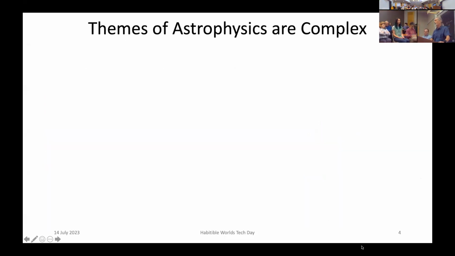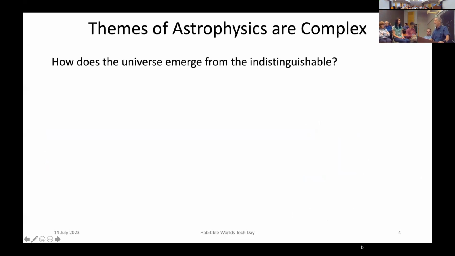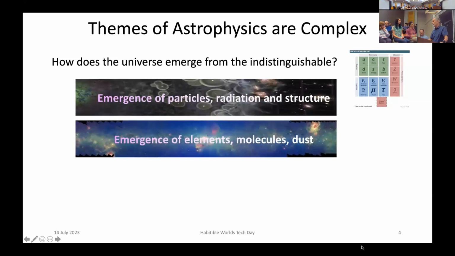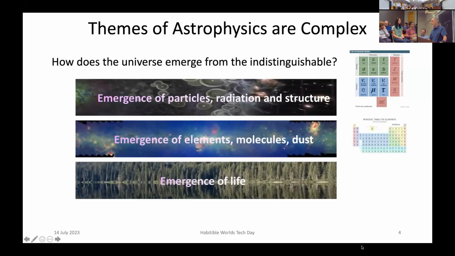Okay, so the themes of astrophysics are complex. How does the universe emerge from the indistinguishable? You have the emergence of particles, radiation, and structure, the emergence of elements, molecules, and dust. Ultimately, the emergence of life, and then the dust becomes us.